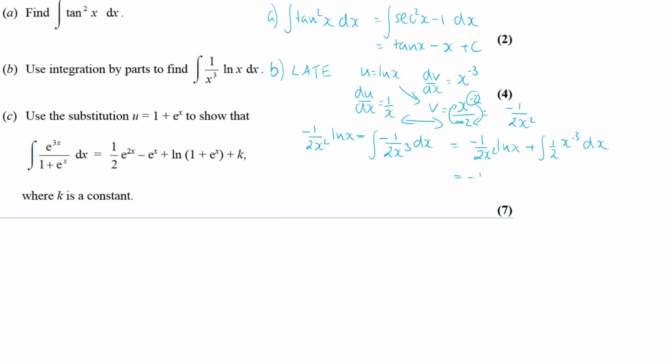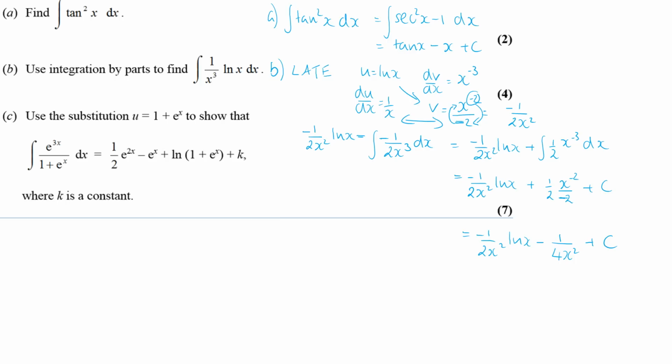So now let's integrate: minus 1 over 2x squared, the ln of x, plus a half x to the minus 2 over minus 2, plus c. And then let's just tidy up, the ln of x, and this will make this minus. We'll have 1 over 4x squared plus our constant.